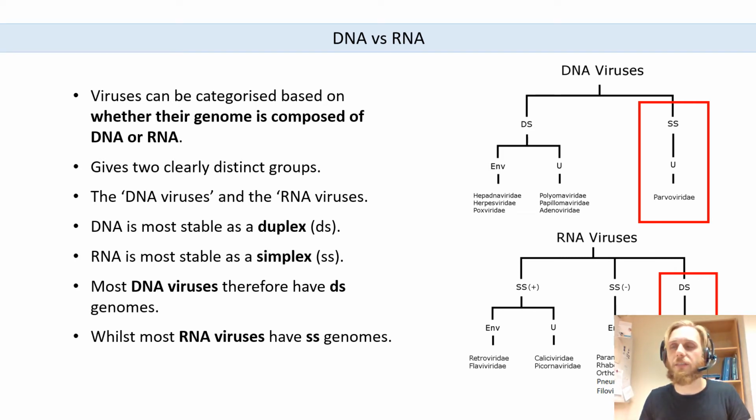Double-stranded RNA is evolutionarily quite rare. It's just tucked away on the end of the diagram there. Most RNA viruses are single-stranded, again, because it's the most stable conformation for RNA. So straight away we're getting information from this classification system, and hopefully we're starting to see some of the reasons why it works.